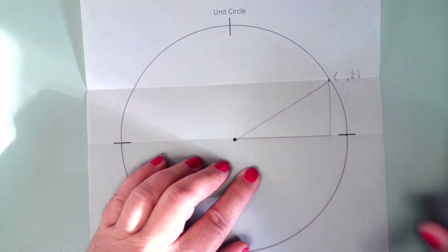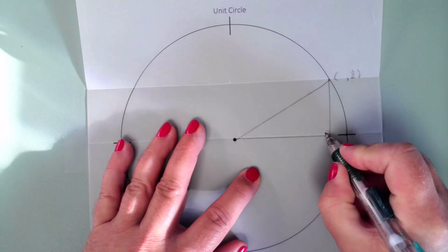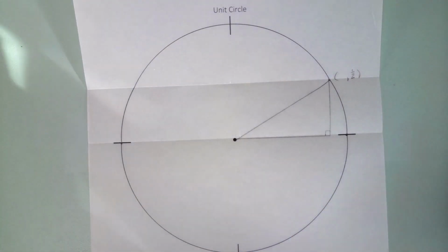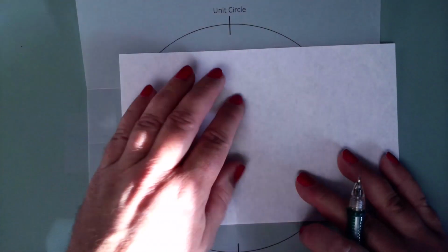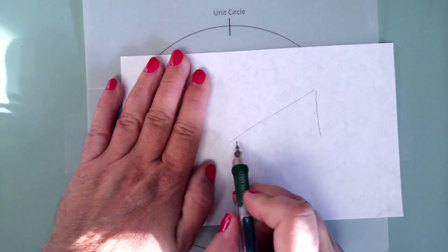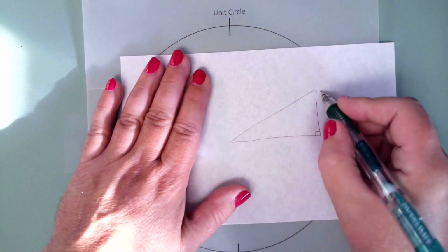We've dropped a line that's perpendicular to the x-axis, so we have a right triangle, and we can use the Pythagorean theorem. I'm going to imitate it roughly here on some regular paper.